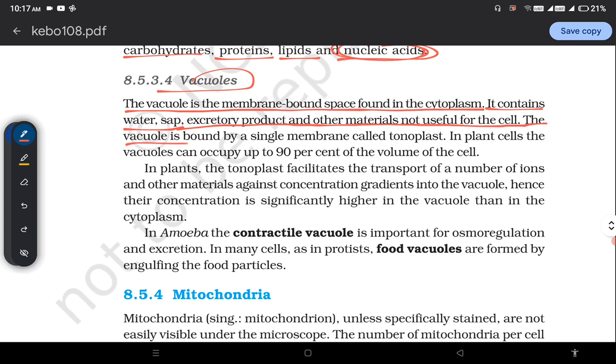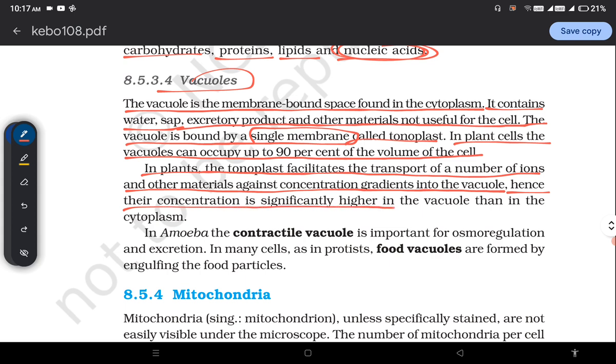The vacuole is bounded by a single membrane, called tonoplast. In plant cells, the vacuoles can occupy up to 90% of the volume of the cell. In plants, the tonoplast facilitates the transport of a number of ions and other materials against a concentration gradient into the vacuoles. Hence, their concentration is significantly higher in vacuoles than in the cytoplasm.